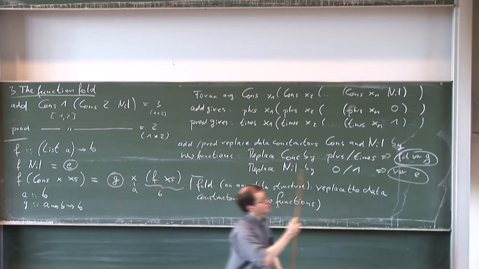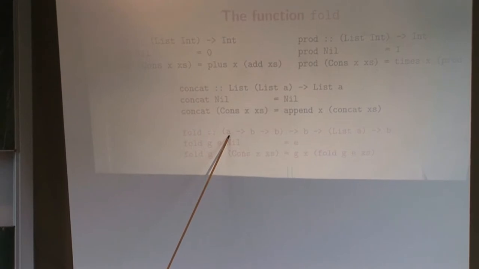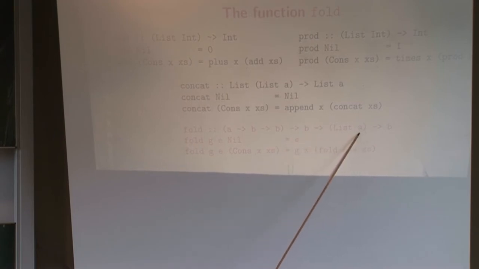So list has two data constructors, namely cons and nil, and therefore fold has one argument which corresponds to cons. So cons should be replaced by this function. Then it has another argument which corresponds to nil. So nil should be replaced by this value. And then it has one last argument which corresponds to the whole data object. So we want to have a fold for lists.